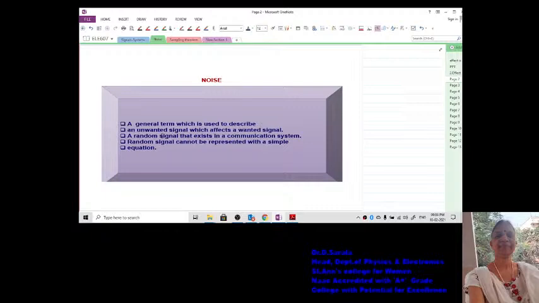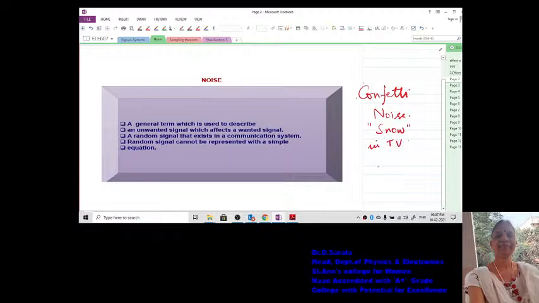What you see in television sets is called snow, or also called confetti. So we call this noise confetti or noise. This is also called snow in a TV channel.